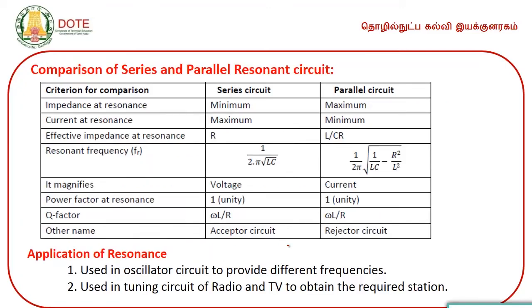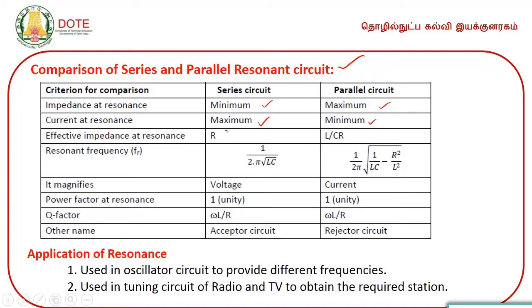Now we will have a small comparison between the series and the parallel resonance circuit. The criterion for comparison, first one is the impedance at resonance. What happens in the series circuit? It is minimum, whereas in a parallel circuit it is maximum. Current at resonance is maximum in the series circuit, it is minimum in the parallel circuit.